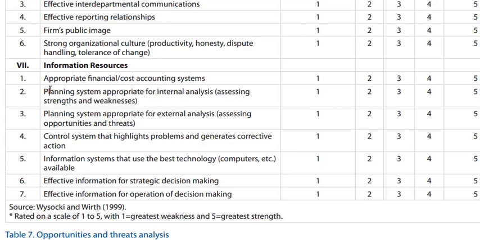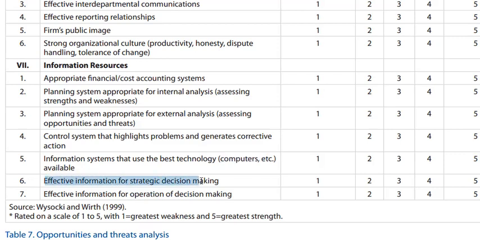Planning systems, planning system for external analysis, control systems, information systems about technology use, like whether computers are available, or if the company adopts new technology, whether people can get the information about those things or not.